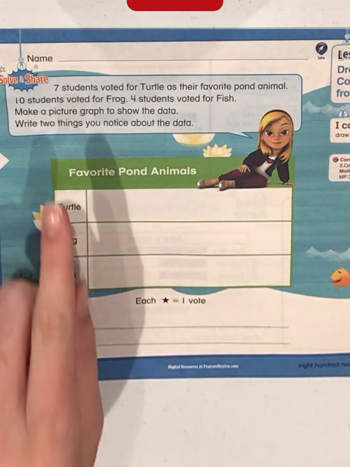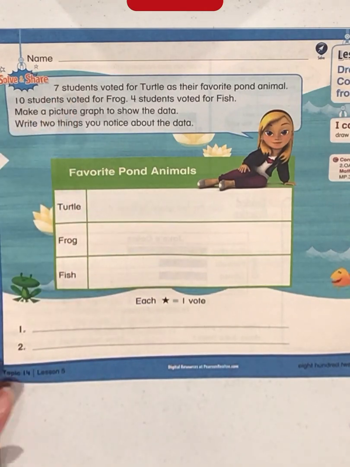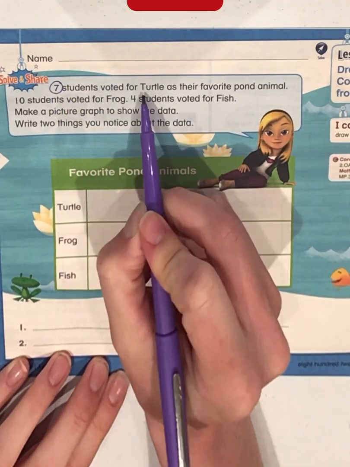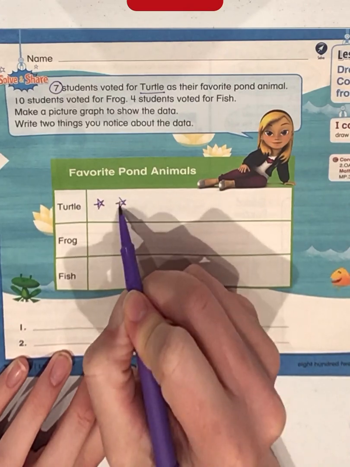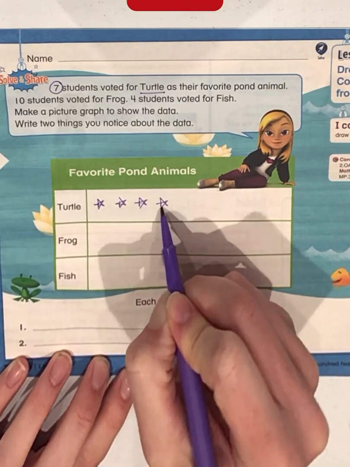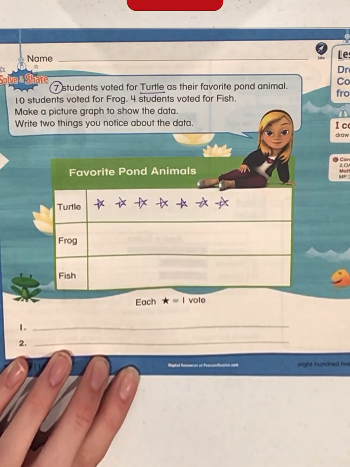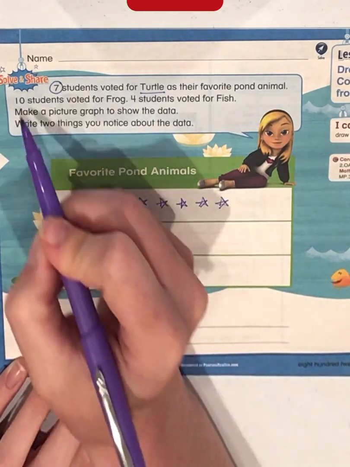So we need to go back up here and reread so we can figure out how many students voted for each pond animal. And I can see right here that 7 students voted for turtle. So we're going to draw 7 stars to represent those votes. Okay, we're going to go back up and find how many students voted for frog.